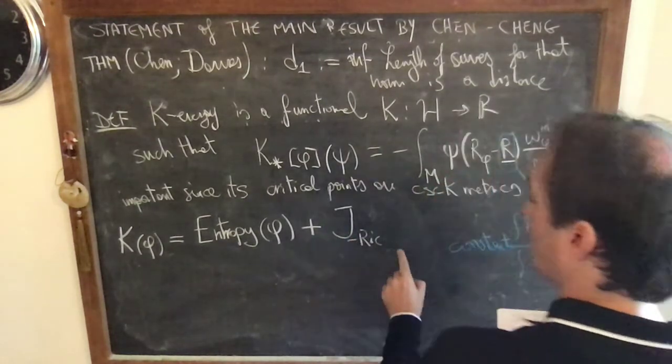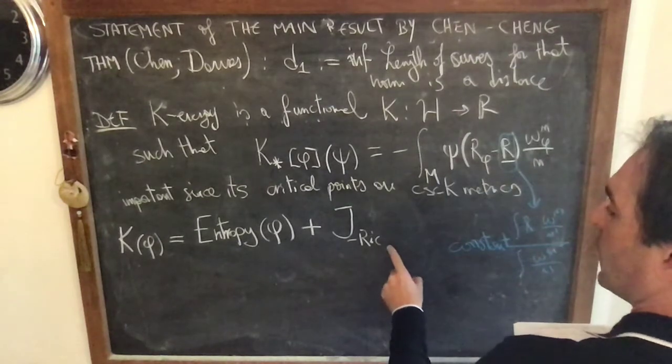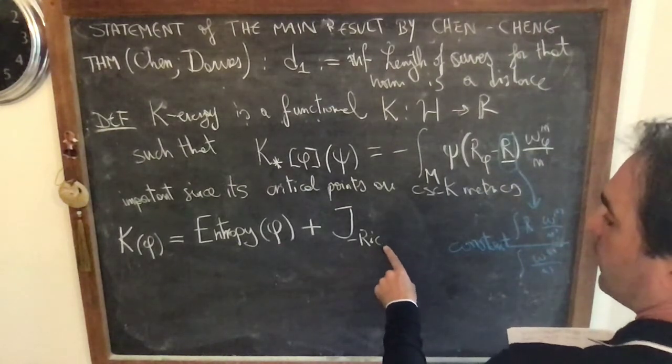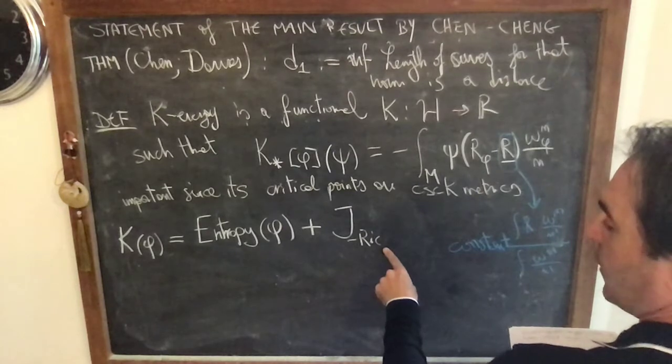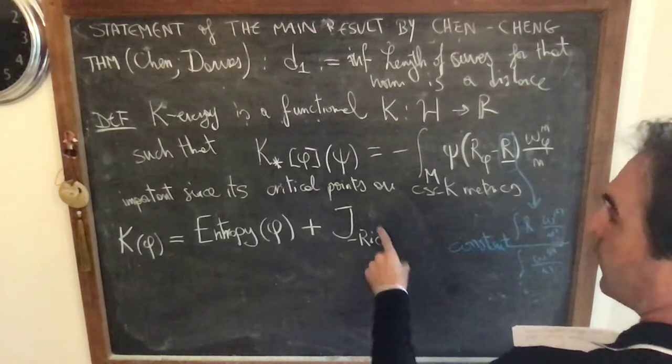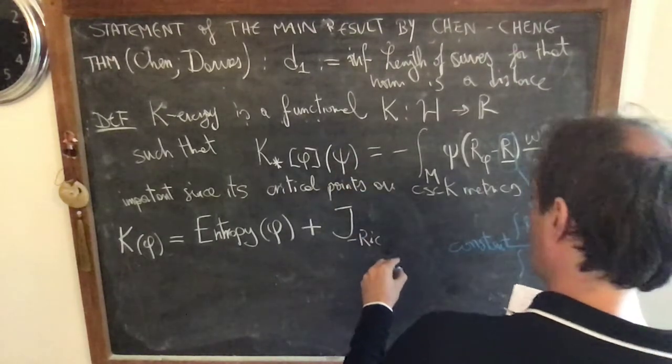When we do not write the subscript here, it means that the reference metric is the initial, the given one.